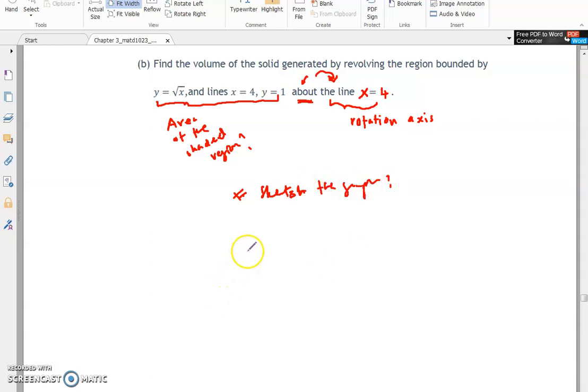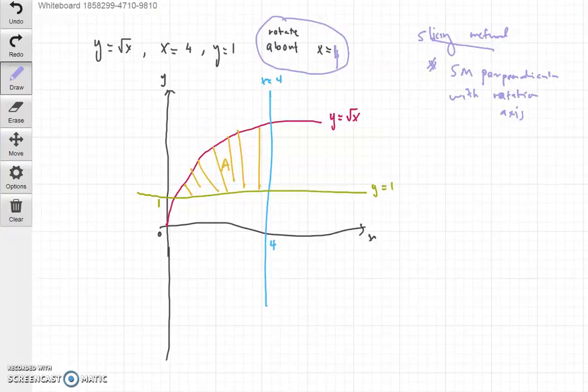So in order for us to do that, let us use this whiteboard. I already put the graph there. This is our main curve, y equals square root of x, which I already drew in red pen.